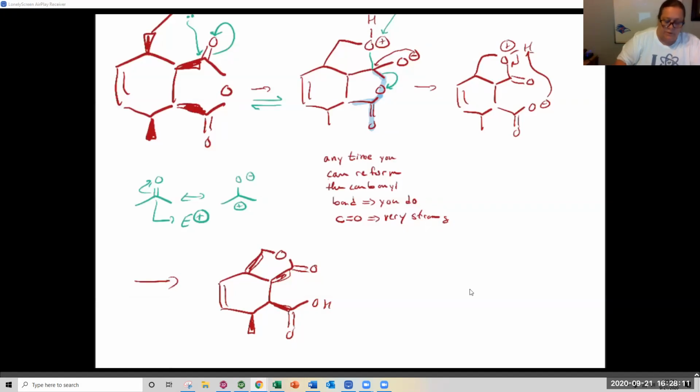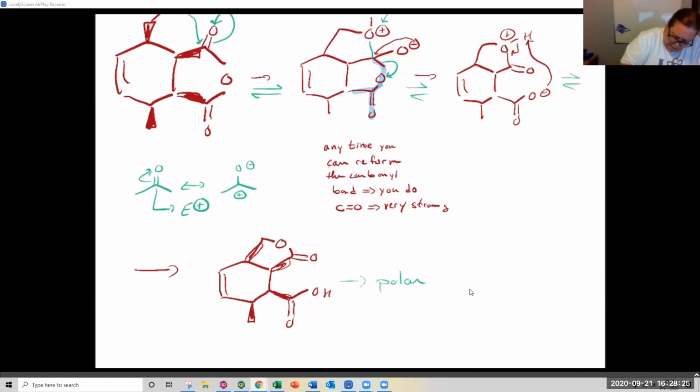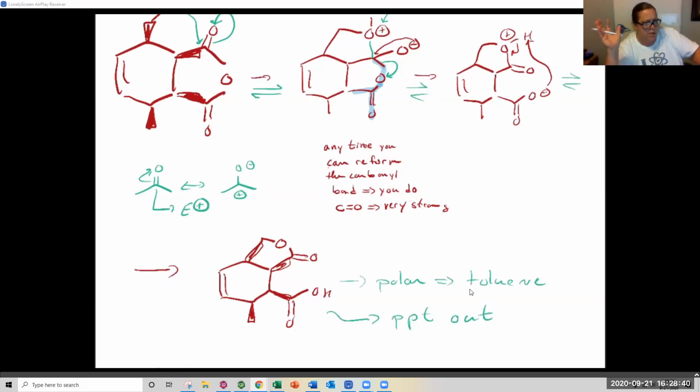Now, here's the deal. Again, every single one of these steps is an equilibrium. As soon as we form this, it's pretty polar. This reaction is taking place in toluene. And so as soon as this is formed, it precipitates out. You remember when we were talking about Le Chatelier's principle back in Gen Chem 2, right? And we said that we can push the equilibrium towards the product side by doing what? Removing product.